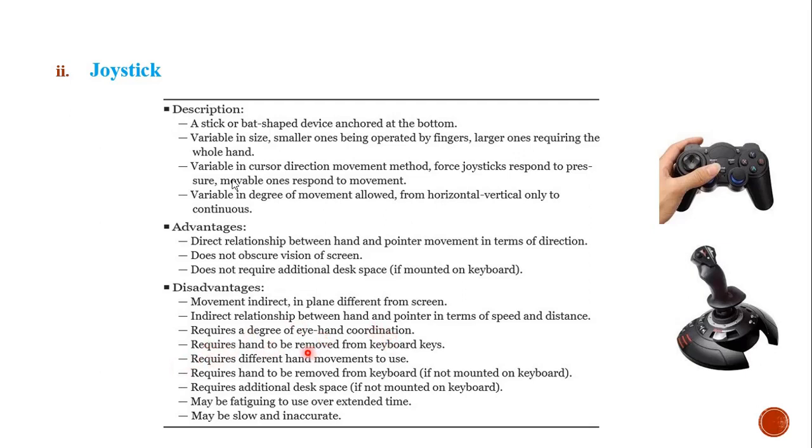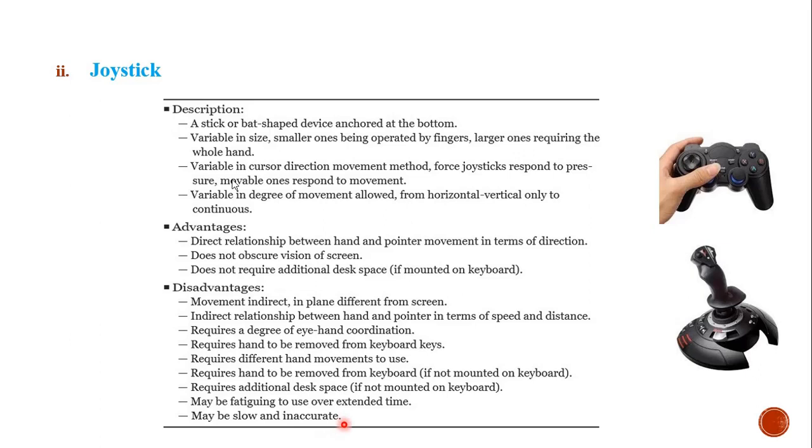It requires hand to be removed from keyboard keys as well. It requires different hand movements to be used. It requires hand to be removed from the keyboard. So the same points are repeated here if you are observing carefully. And it requires additional disk space. It may be fatiguing for the user to use it over extended time, and it may be slow and inaccurate.